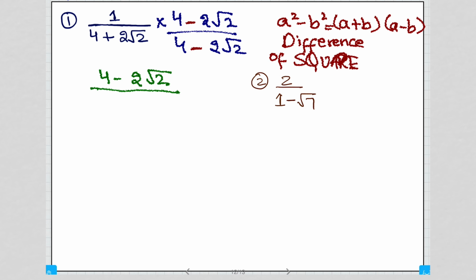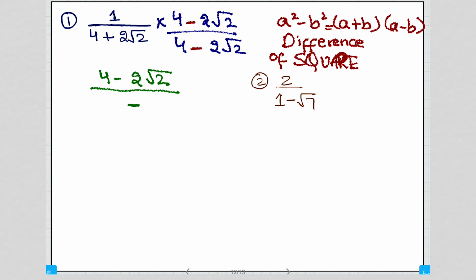This denominator has both the terms, once with the plus sign and once with the minus sign: 4 plus 2 root 2, and the other one is 4 minus 2 root 2. We can square both the terms.